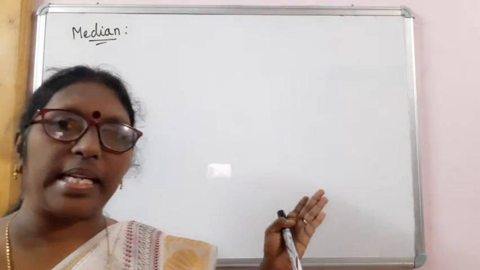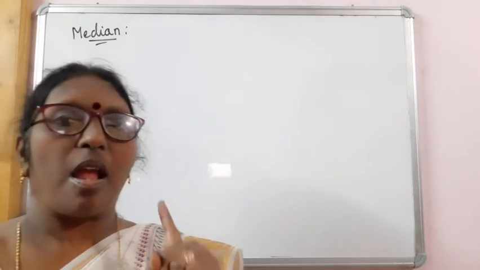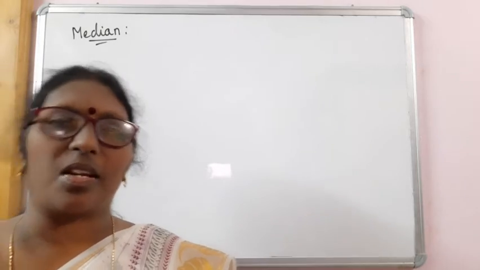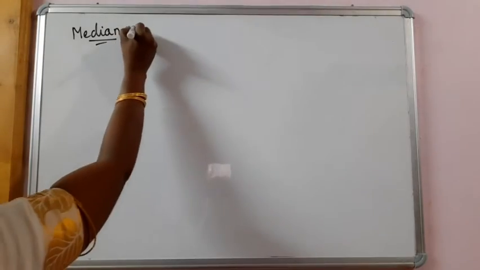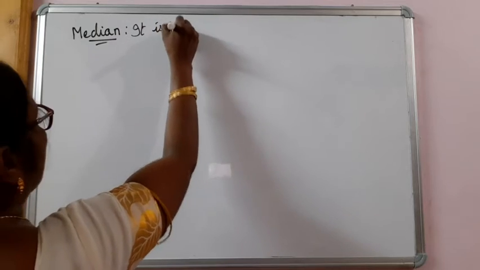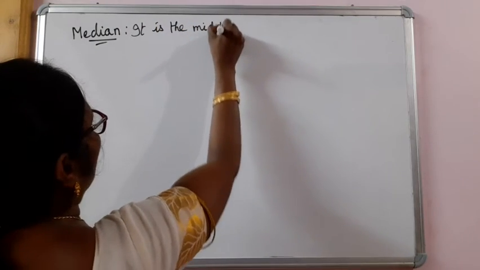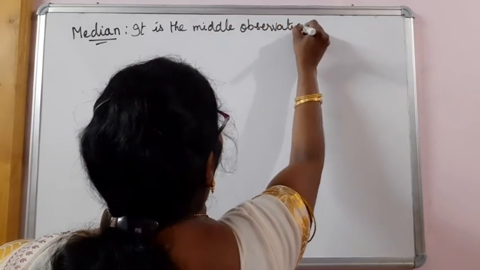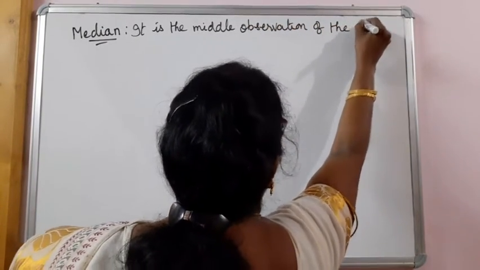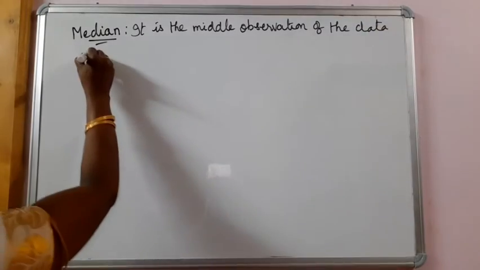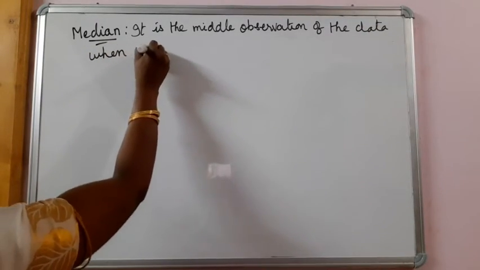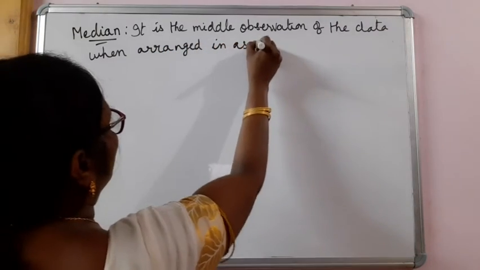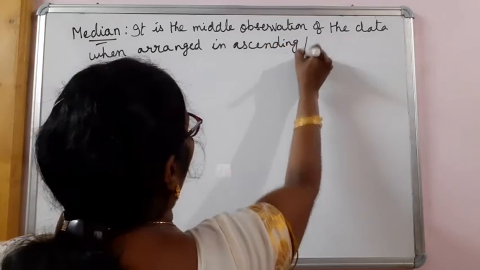So I told you median is the middle observation of the given data, but my very important point is that it is when the data is arranged in ascending order or in descending order.